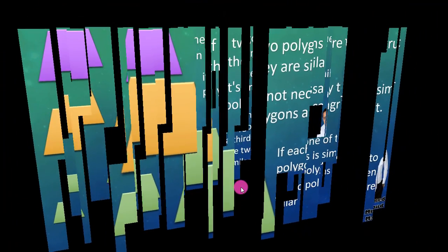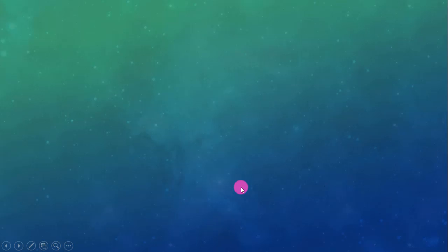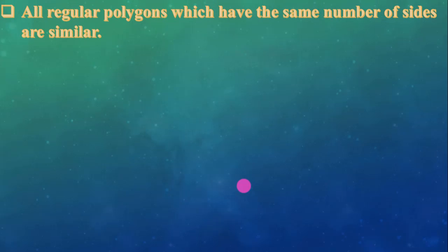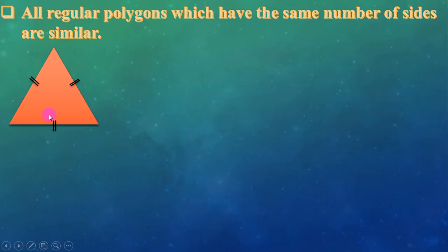Okay, now remember with me the regular polygon. The regular polygon is a polygon in which all its sides are equal in length and all its angles are equal in measure. In that case, we can say that all regular polygons which have the same number of sides are similar. For example, if we have an equilateral triangle like this and another equilateral triangle smaller or greater than the first one, they must be similar.